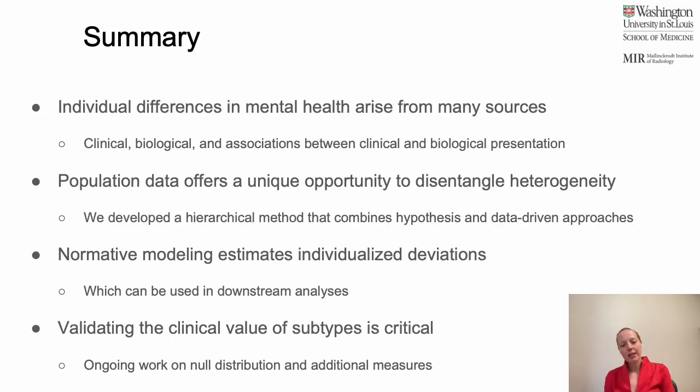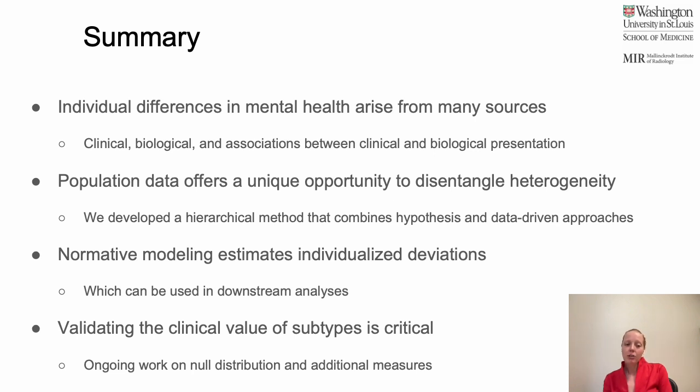So to summarize, in this study, we aim to disentangle heterogeneity in late life depression, particularly differentiating between different sources of heterogeneity, such as clinical versus biological heterogeneity. I'm really excited about population data sets like the UK Biobank because I think it offers a really unique opportunity to take a different experimental approach, such as curating the clinically homogeneous groups, and also to make use of more advanced analytical approaches, such as normative modeling, which is really powerful to estimate individualized deviations from the norm.